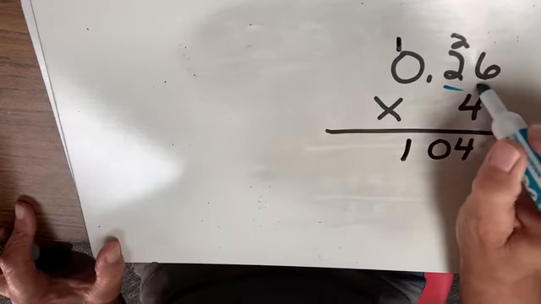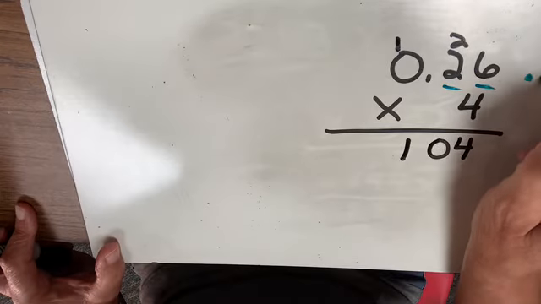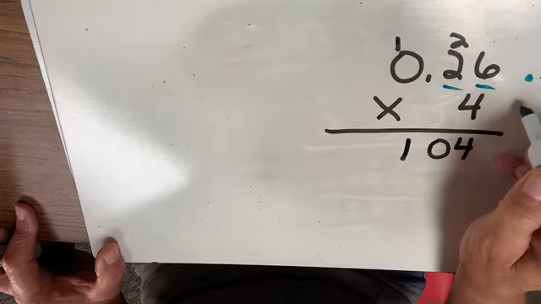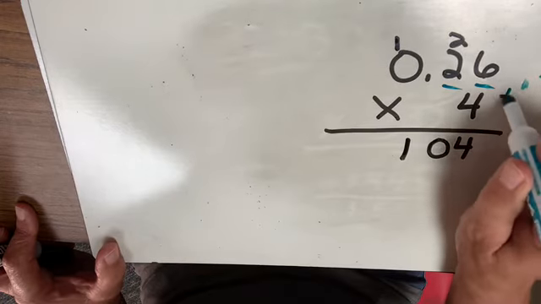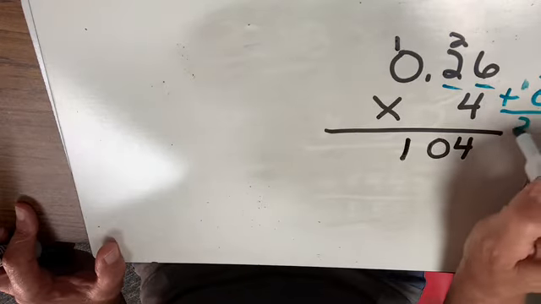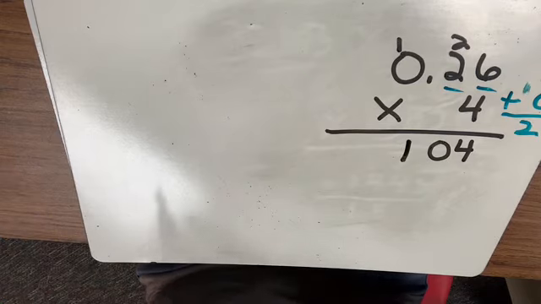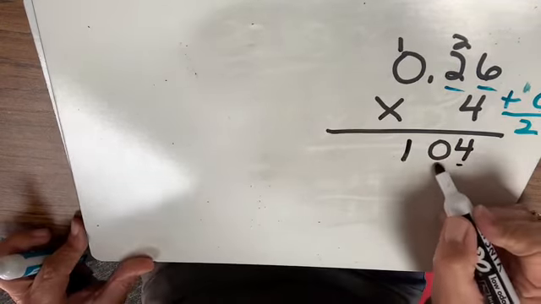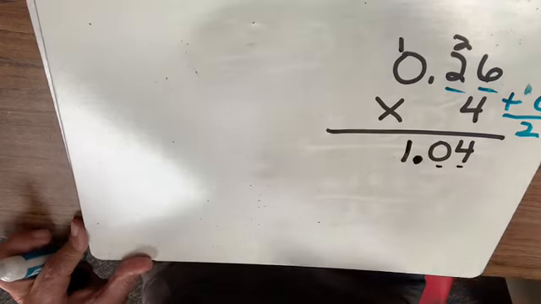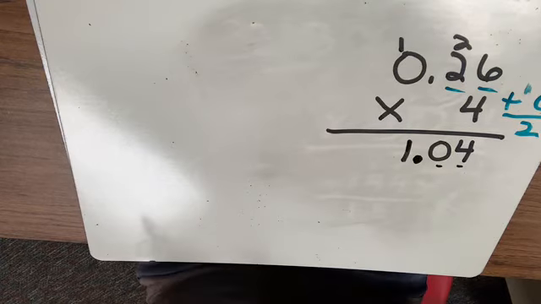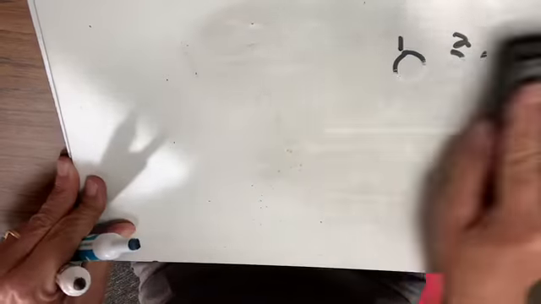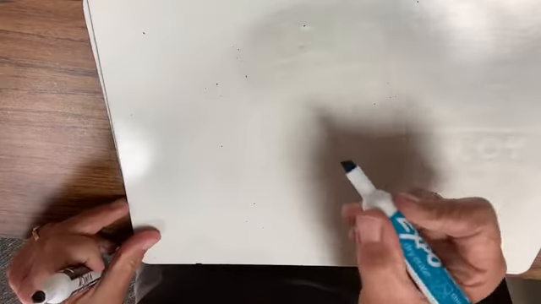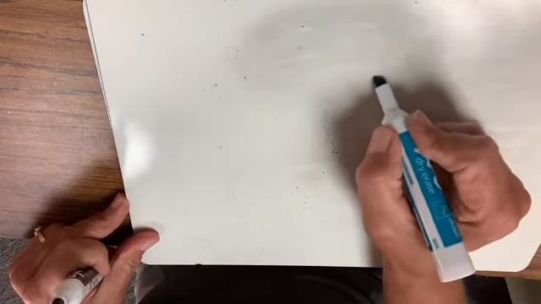I have 2 digits behind the decimal there. I don't have any digits behind the decimal there. So I need a total of 2 digits behind the decimal in my answer. I move over 1, 2 spots. My decimal goes right there, 1.04.